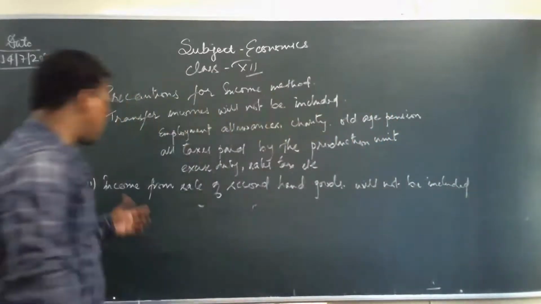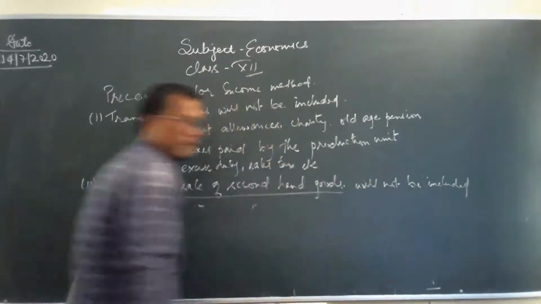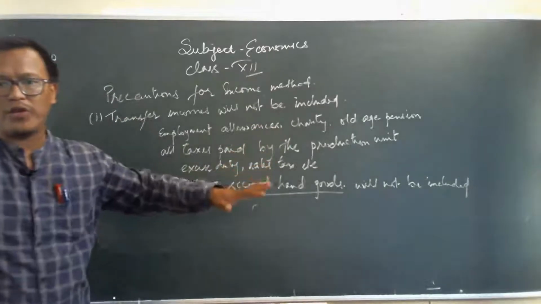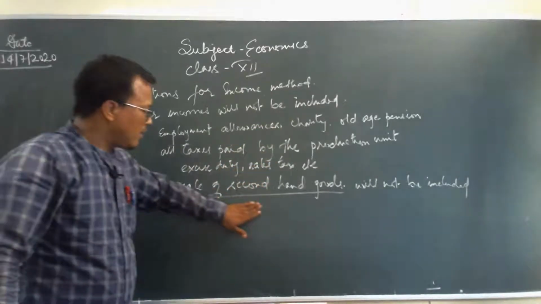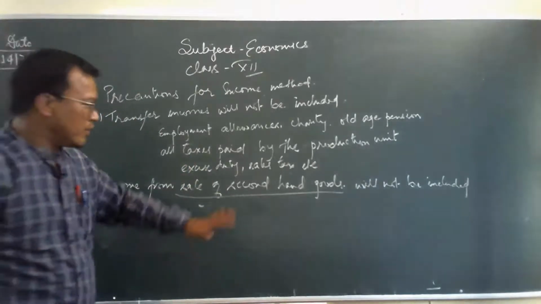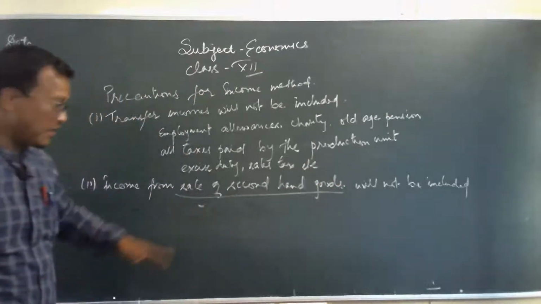So whatever we are selling in the form of second hand, I hope you all know that second hand goods are those goods or services which are sold for the second time. So these will not be included in the calculation of national income.